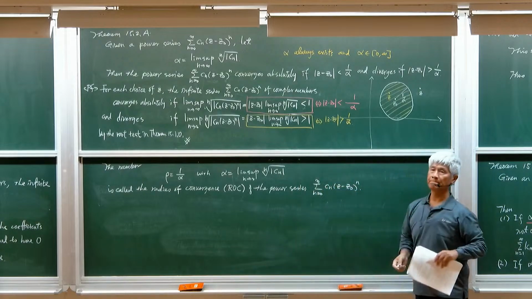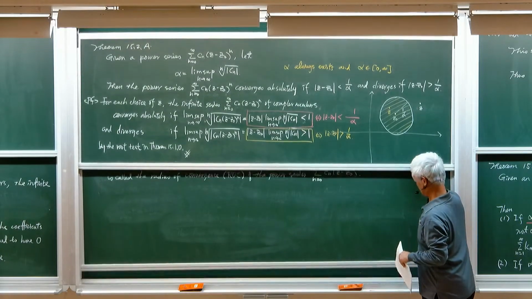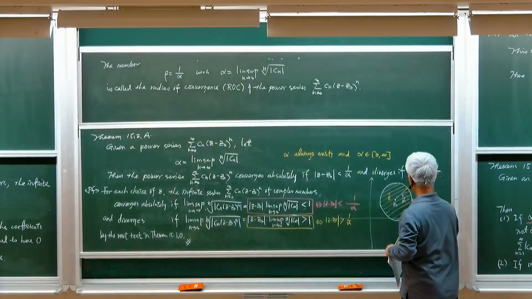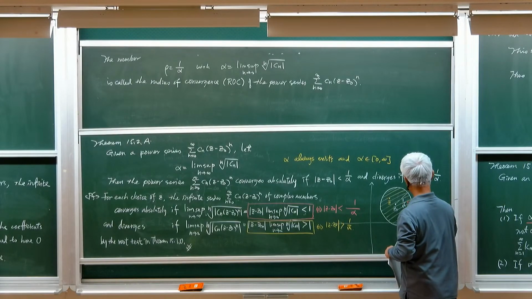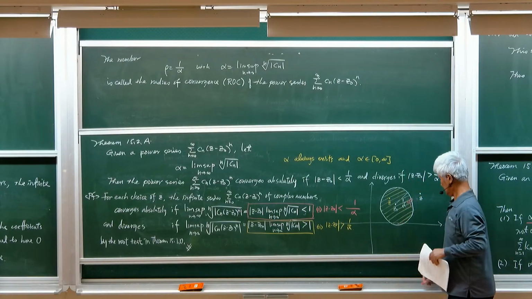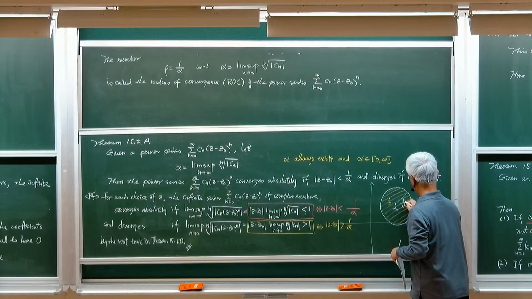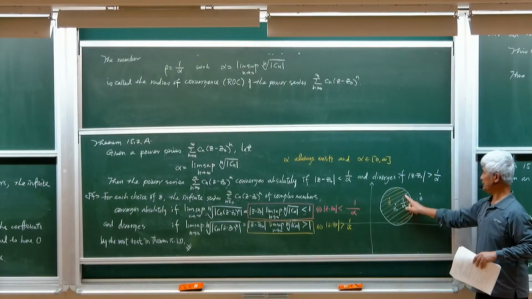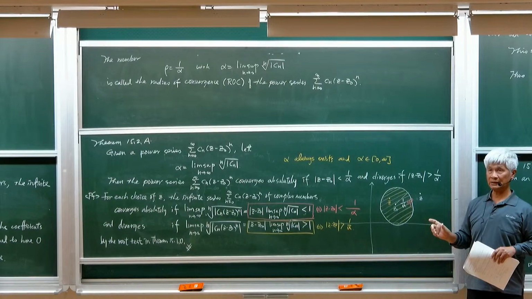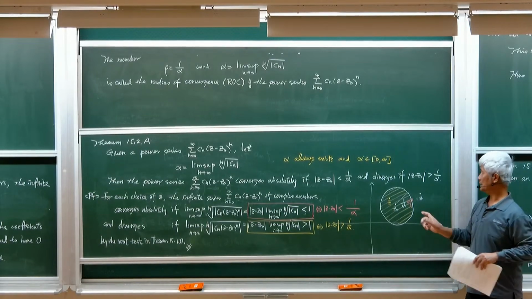So 1 over alpha, this is called rho here. All right, so this is the ROC, the radius of convergence of the power series.